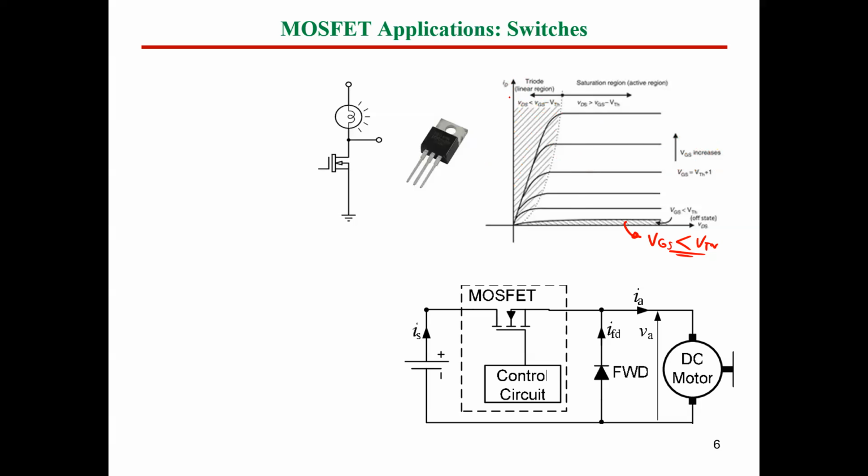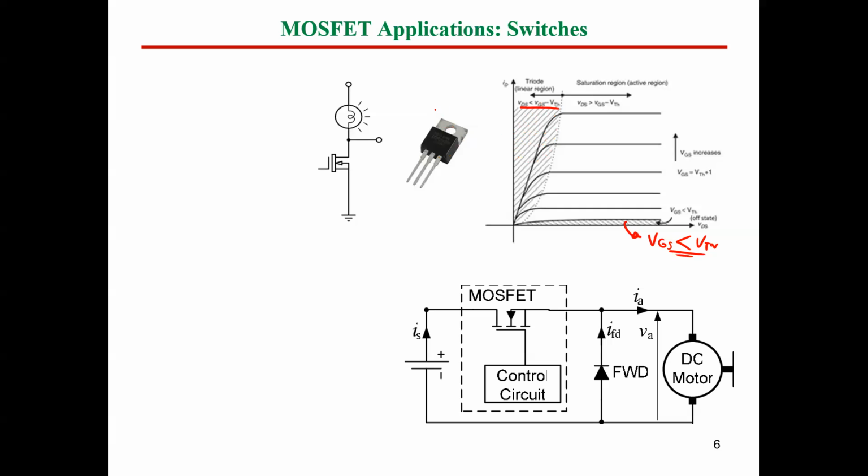By controlling the transistor to be in this mode where VDS is less than VGS minus VT, this condition would operate our MOSFET in the non-saturation region. And this is the second mode of operation that we need to operate the MOSFET as a switch.